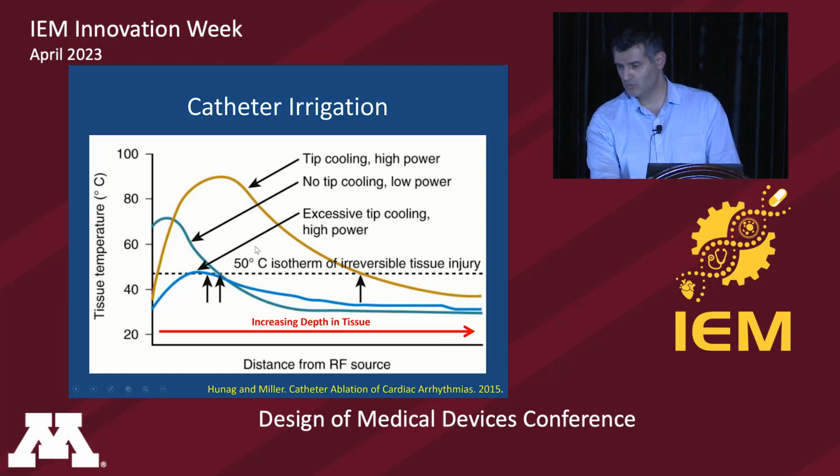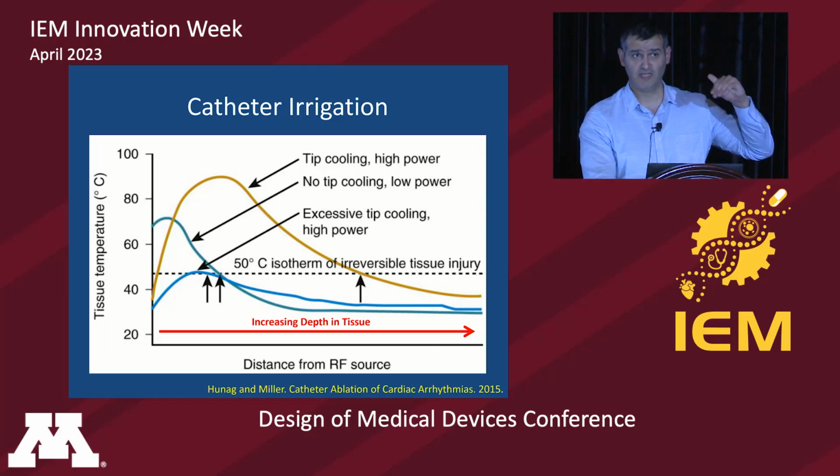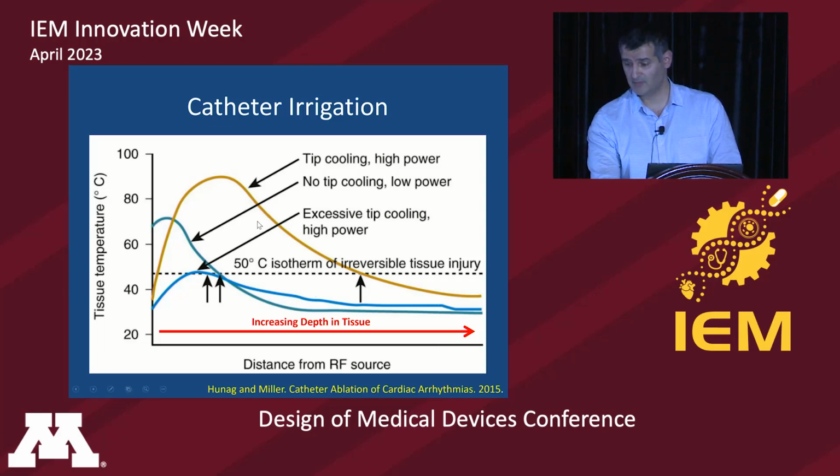So those two are the biggest thing. This is no tip cooling in that curve, and this is the tip cooling. As you can see, with no tip cooling, you will reach a higher temperature, but there's a stop to it. Once you reach that temperature, you can't drive more temperature deep into the tissue. With an irrigated, mostly open irrigated catheter, you're cooling the surface of the tissue.